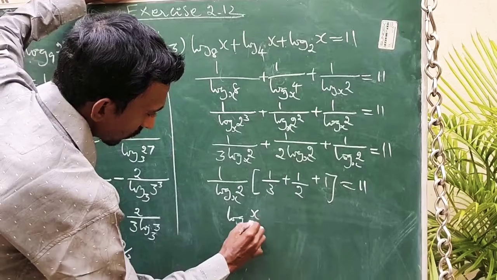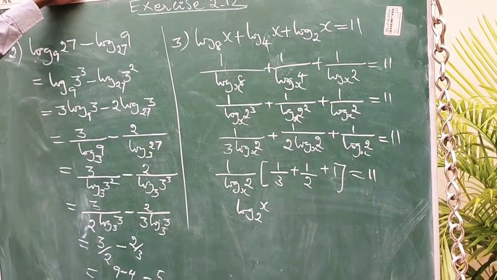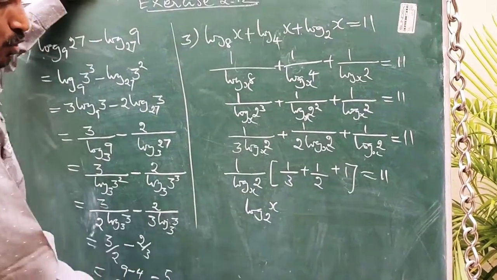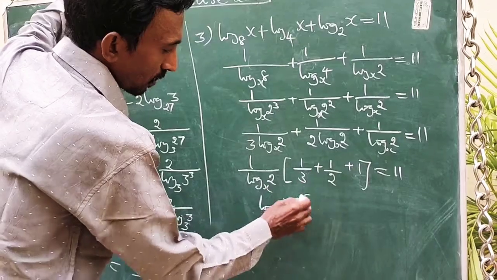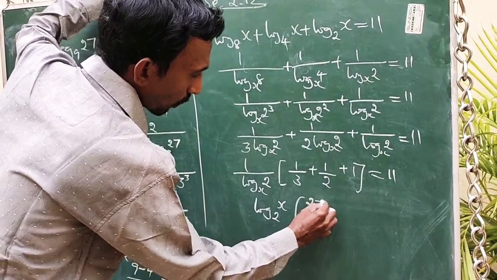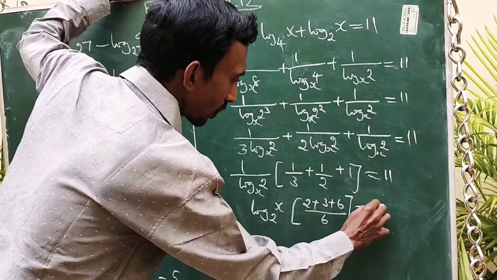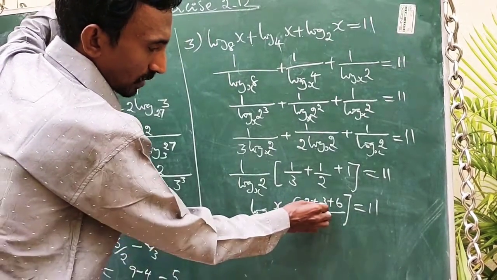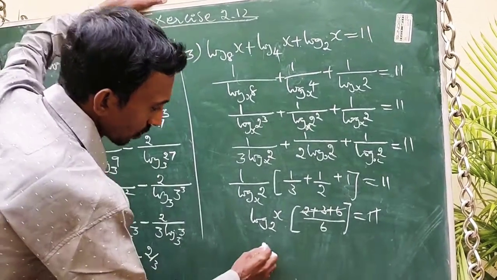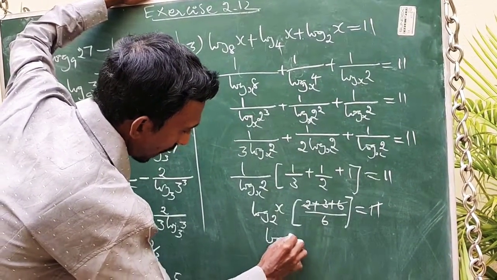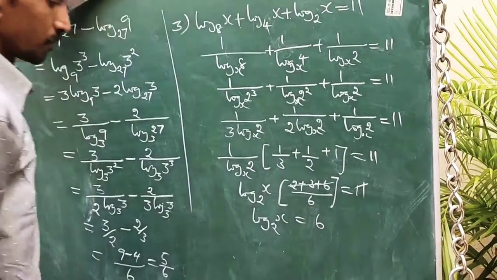So 1 by log 2 base x can be written as log x base 2, into the LCM, 2 plus 3 plus 6 by 6, equal to 11. So 2 plus 3 is 5, 5 plus 6 is 11, so 11 cancels. So just cross multiply. Log x base 2 equal to 6.